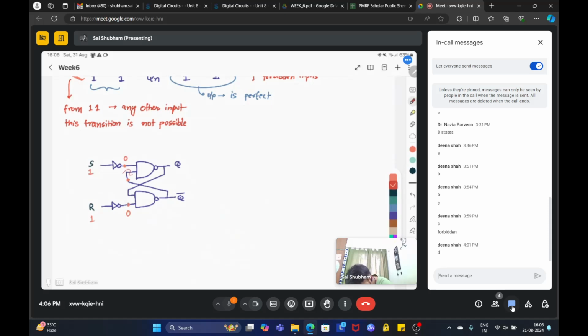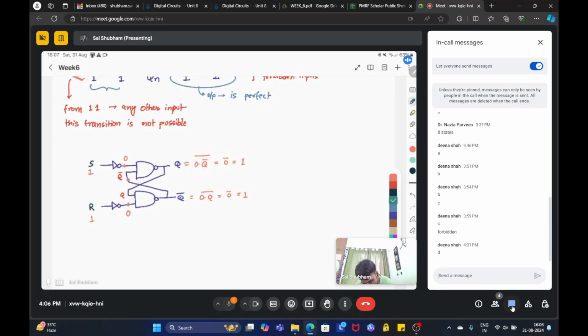Now you have Q bar over here and this is Q. So this Q output will be 0 into Q bar whole bar, which is 0 bar, which is 1. Here also you have 0 into Q bar, sorry, 0 bar equal to 1. Okay. So far it's good.